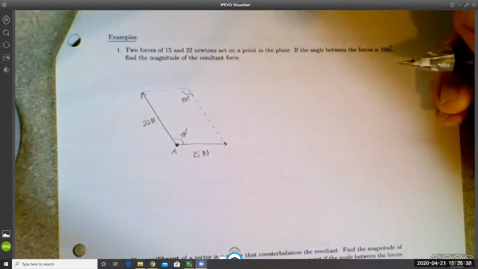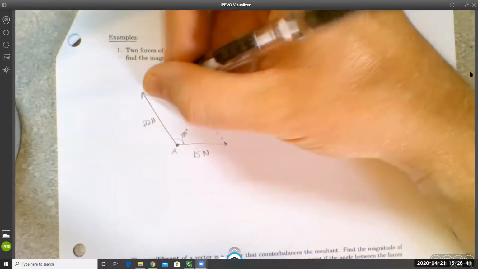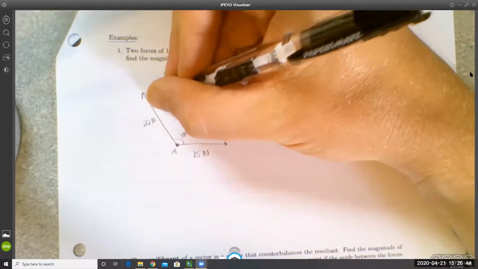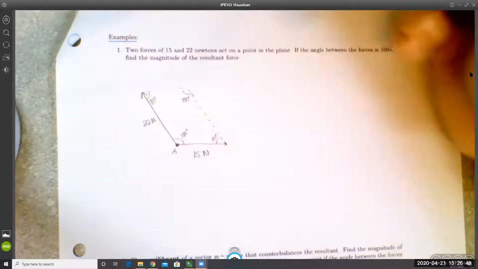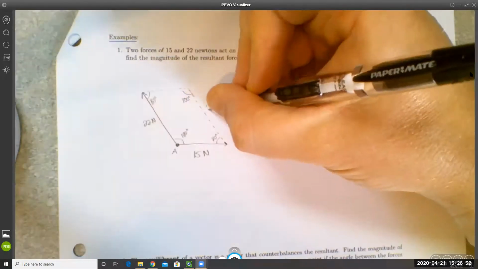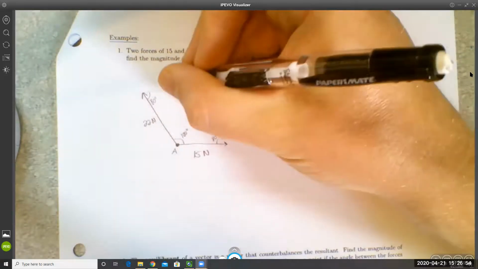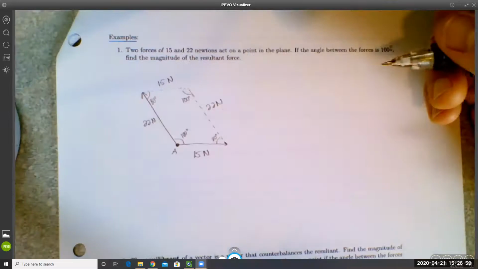Not sure if that'll come in handy particularly, but I also know that this angle and this angle are supplementary, so that should be 80 degrees right there and 80 degrees right there. Again, not sure if that'll come in handy, but now I also know that this is 22 newtons because opposite sides are equal. So that's 22 newtons and that's 15 newtons.